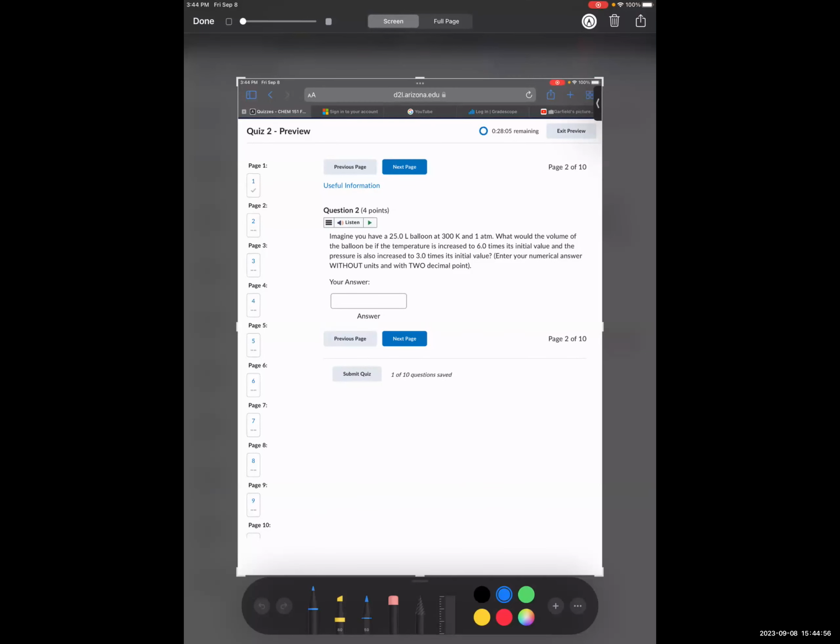So we are given the volume, temperature, and pressure. What would the volume of the balloon be? So they're asking for V2. This is V1.